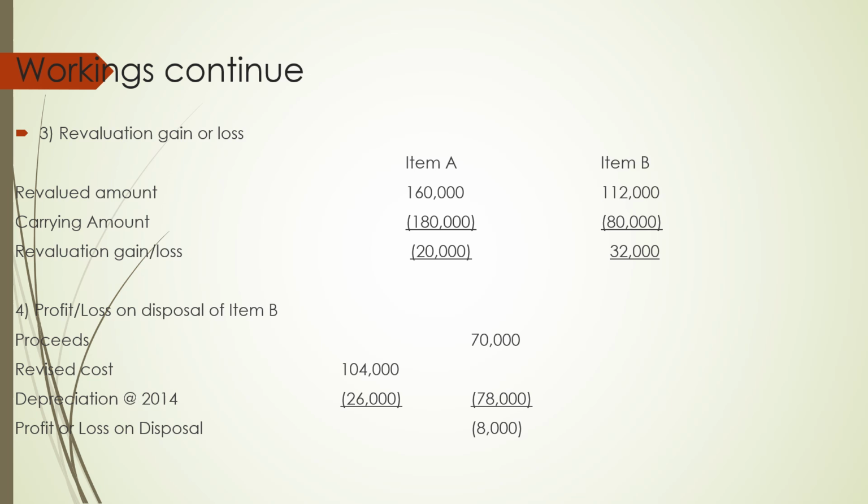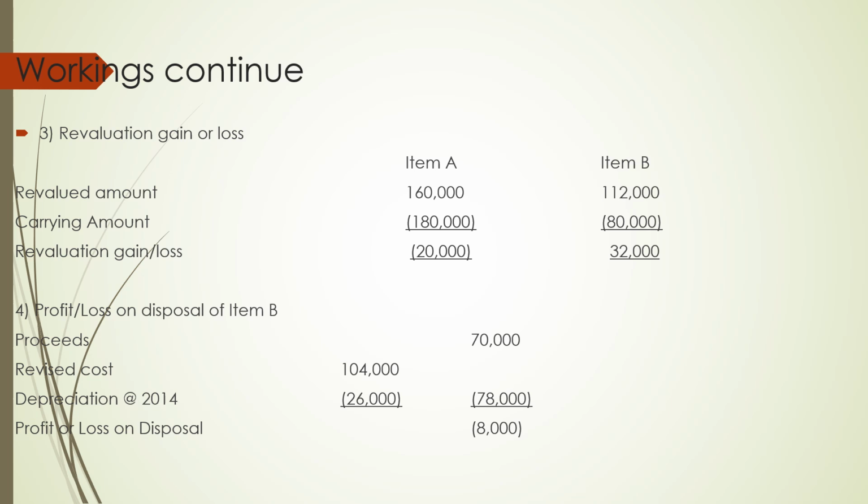So once item A was sold, we then have to calculate for any gain or loss on disposal, or any gain or loss arising out of the sale. Okay, so to do that, we need to know what the value of the asset was at the date of sale, and then how much the asset was sold for.